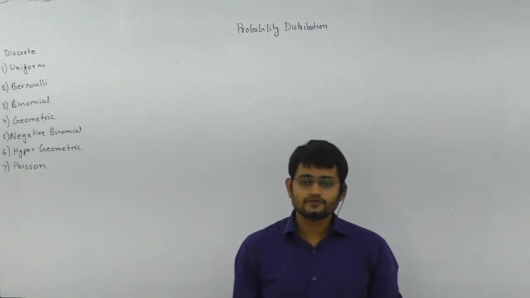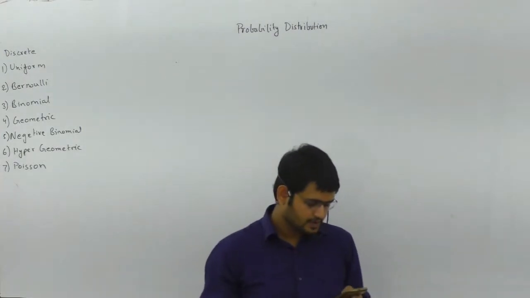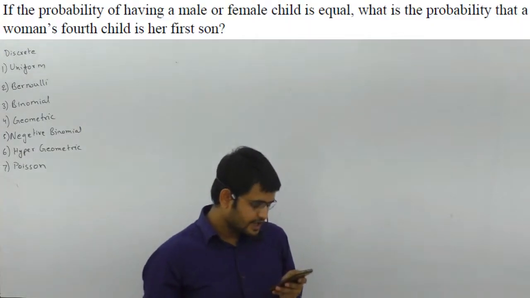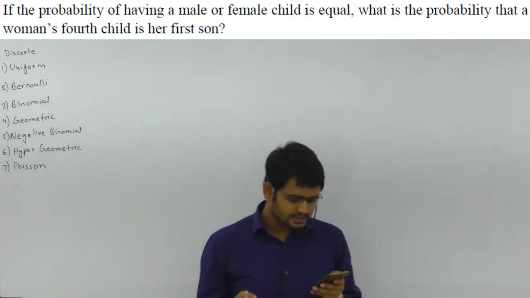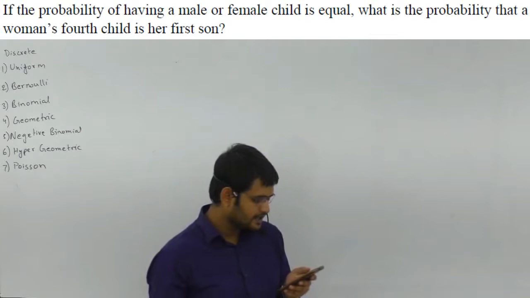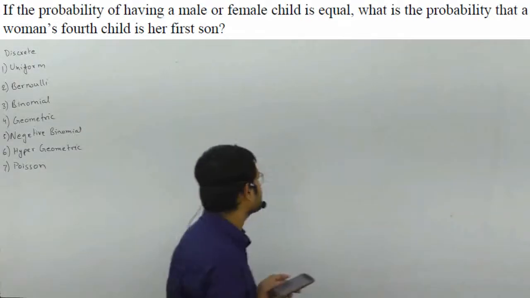Now let's do a few sums on this property. First of all, a geometric distribution sum. Now the question reads, if the probability of having a male or a female child is equal, what is the probability that a woman's 4th child is her first son?